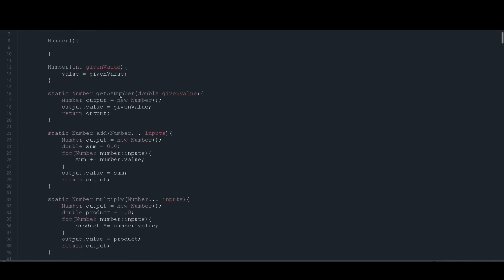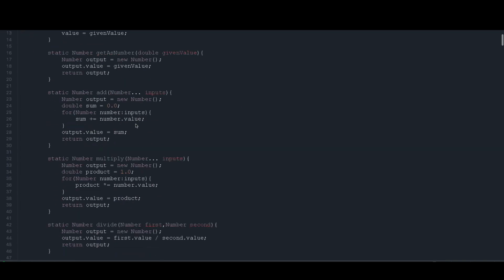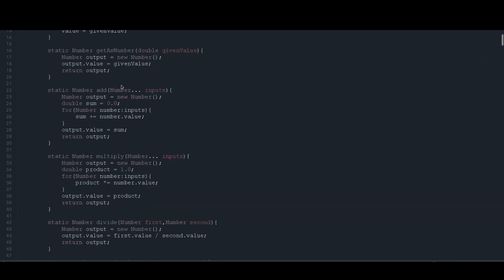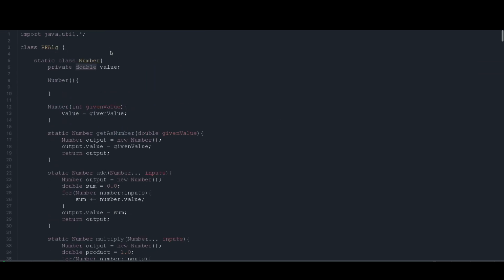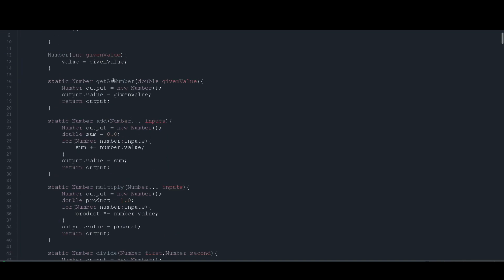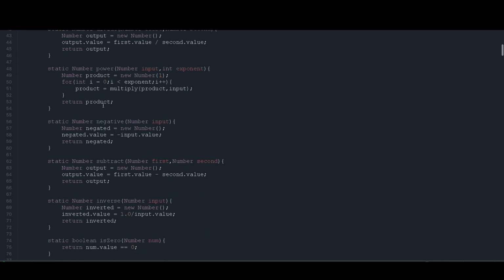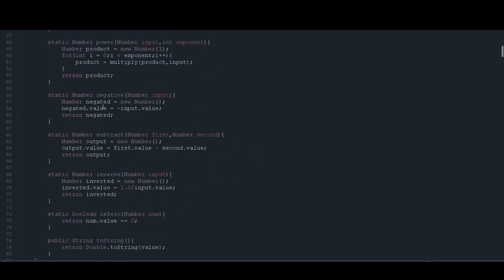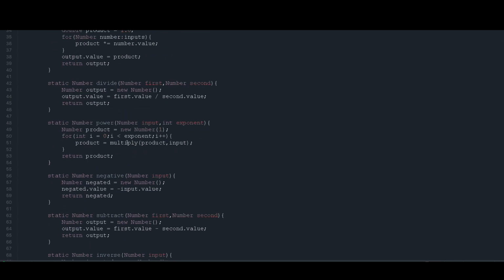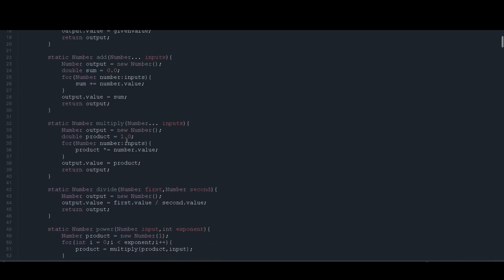Alright, so now that I've shown all the theory behind how it works, I just want to show you sort of how my code works. So first I created a number class, which just holds a number, and I implemented just basic arithmetic operations: addition, subtraction, multiplication, powers.